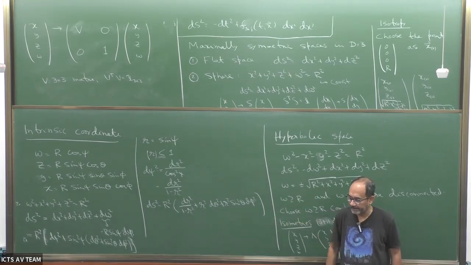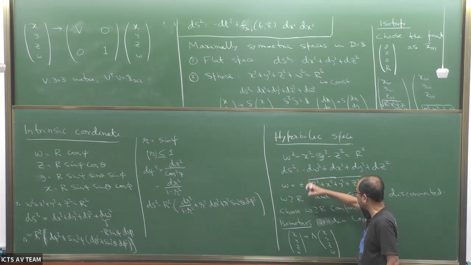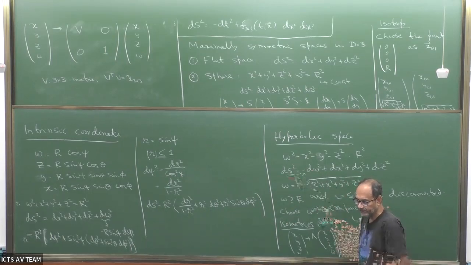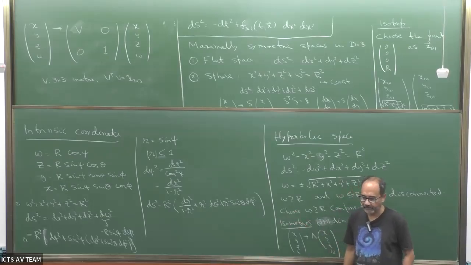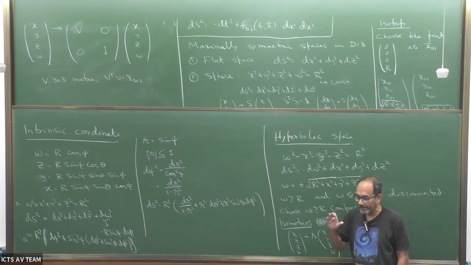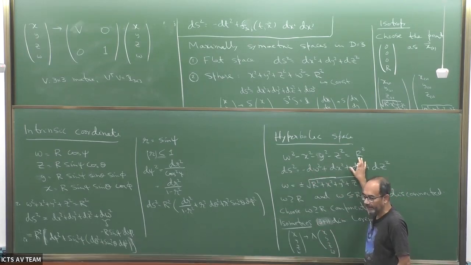It's like a time slice, because you have fixed W, the time coordinate, in terms of the space coordinates, as you can see here. Intuitively, the time has been fixed, so it's like a space, a space-like surface. W, X, Y, Z is Lorentzian, but the surface that you get after imposing this constraint is Euclidean.